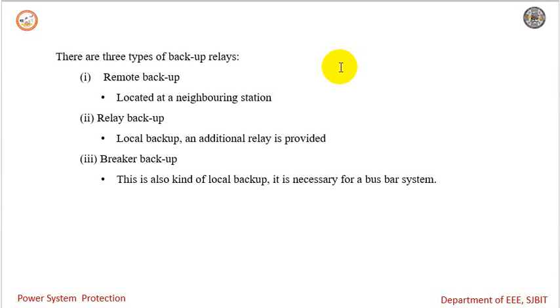These remote backups located at the neighboring stations back up the entire primary protective schemes, which include the relays, circuit breakers, CT, PT, and other elements. In case of failure of the primary protection system, the remote backup will come into picture, operate, and trip the faulty part from the power system.